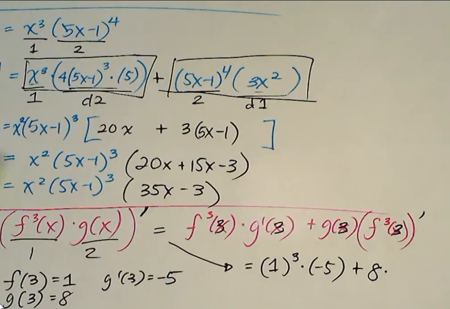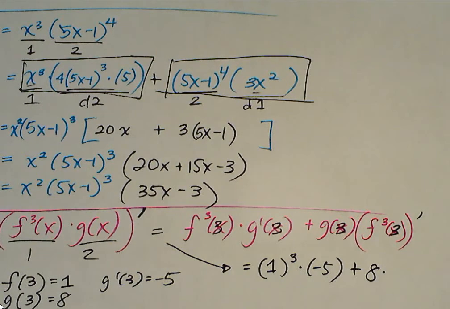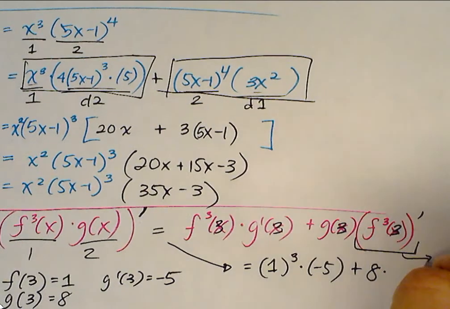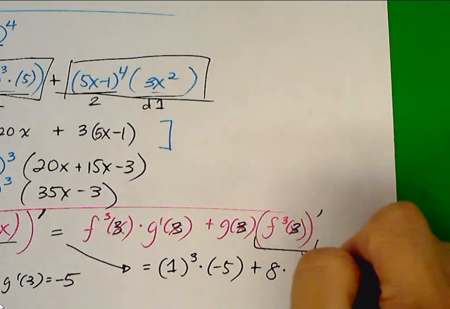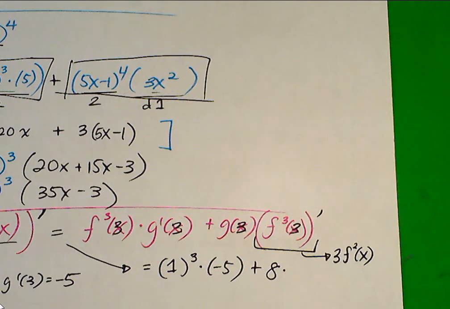okay, wait a minute. What is the derivative of f of x to the third power? We have to do 3 times f of x to the second power. So you can't take the derivative of f of x and then keep that?